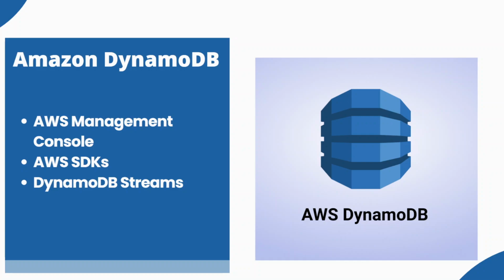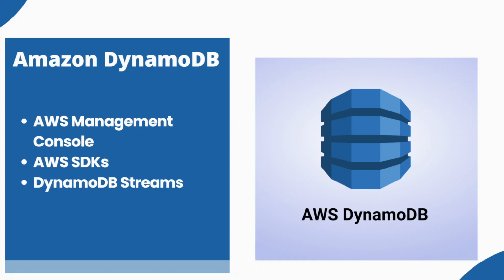The second one is AWS SDKs, which are software development kits for various programming languages like Java, JavaScript, Python, and more, that allow developers to interact with DynamoDB more efficiently. SDKs simplify tasks like table creation, data insertion, and query execution. Now, DynamoDB Streams.